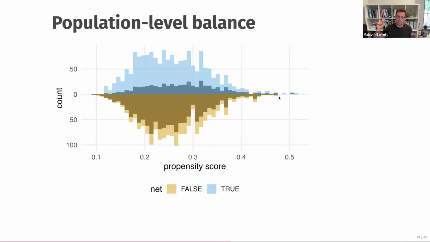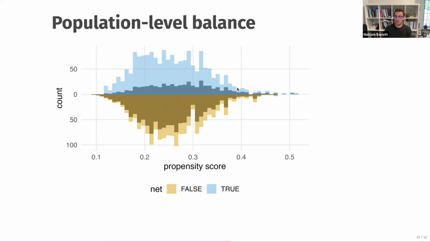So now the balance for these populations is significantly better. It's not identical. You can tell that just from looking at it, but the distribution is much more similar. And what little difference there was in the overlap in these two distributions over the propensity scores is a bit corrected as well.